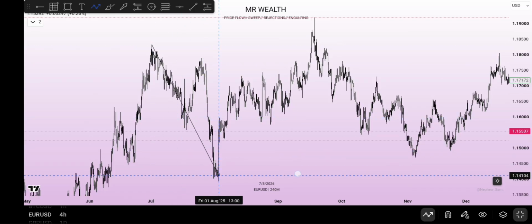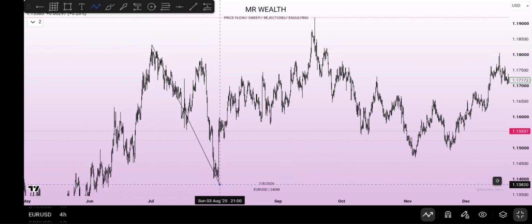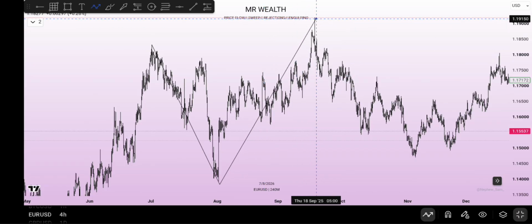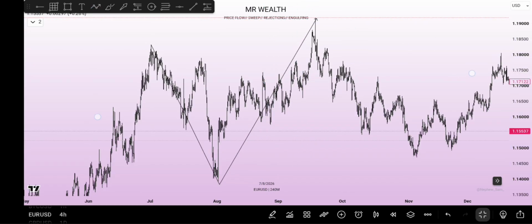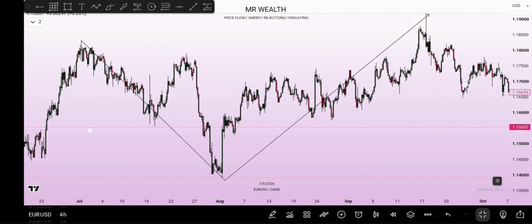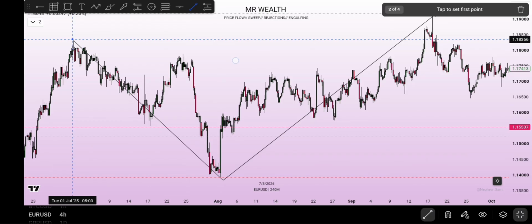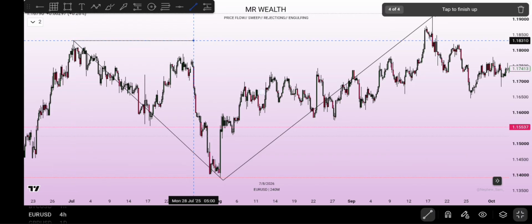From the next video that I'm posting, we'll do more replays. For now, this one leg is a leg structure. Marking this, you already know that we are on the buy trend.